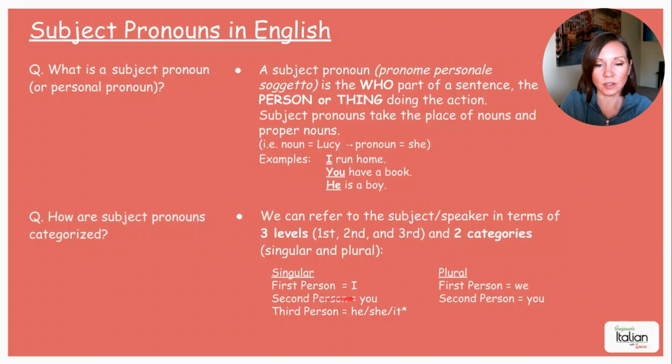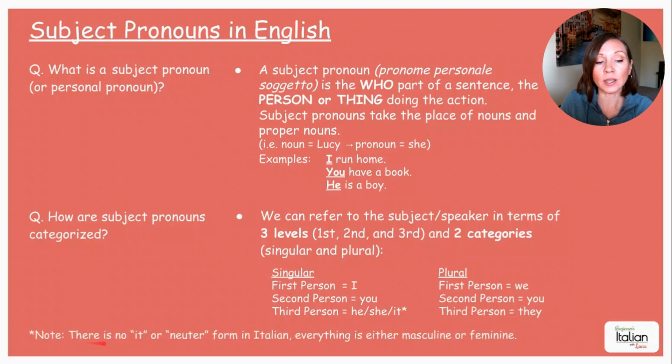So second person, singular is you and plural is you. And then third person would be they. Okay, that's the plural of he, she, or it. And note that there is no it or neuter form in Italian. Okay, everything is masculine or feminine. So not like in English or in German where we have those neuter nouns. Everything is either masculine or feminine.